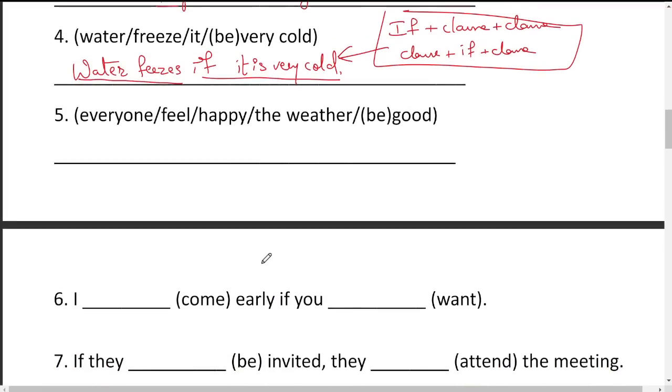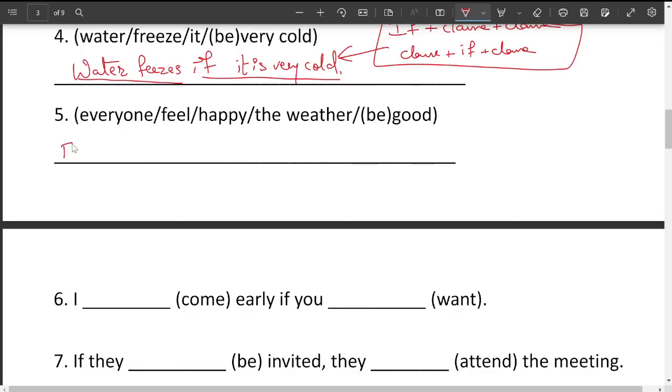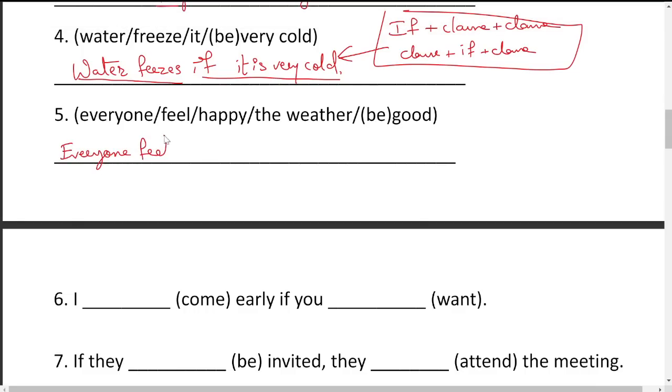Next one: everyone feels happy, the weather is good, right? Now we can write the sentence in this way. Everyone feels happy. Why does everyone feels happy? Because we are using simple present tense here.